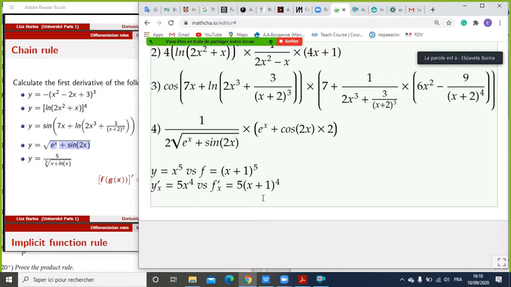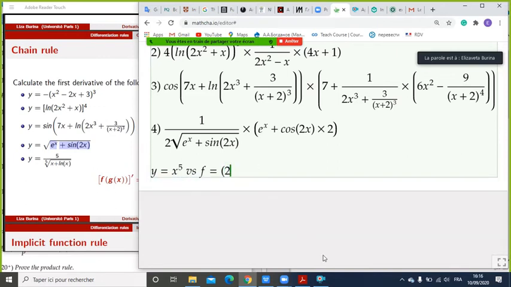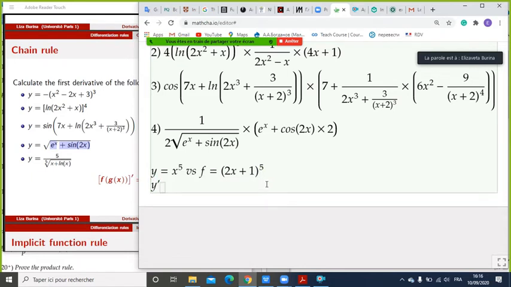But anyways, once I have here, for example, 2x plus 1 to the power of 5, here again, the derivative is 5x to the power of 4 versus this derivative that is, now we have 5 times 2x plus 1 to the power of 4 and times 2 because now the derivative of the inner function actually is not 1, it's 2, and we should not forget that.